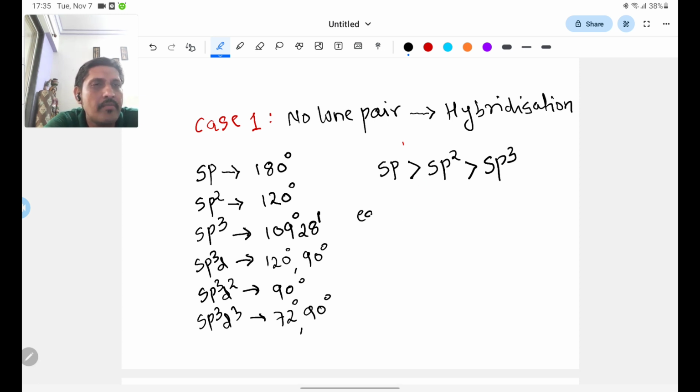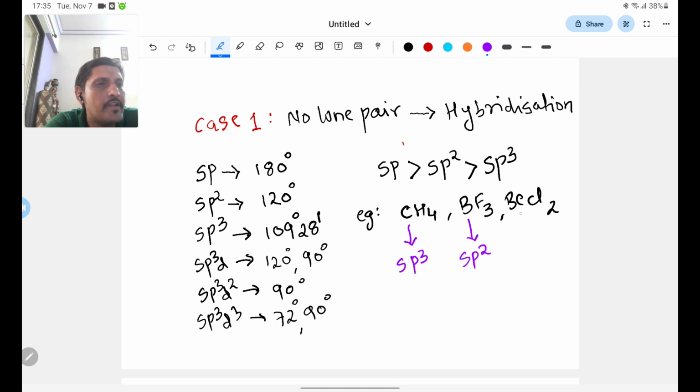Let's take one example. For example, I have methane molecule, BF3 molecule and BeCl2 molecule. As you observe, methane molecule is sp3 hybridized, BF3 molecule is sp2 hybridized and BeCl2 molecule is sp hybridized.